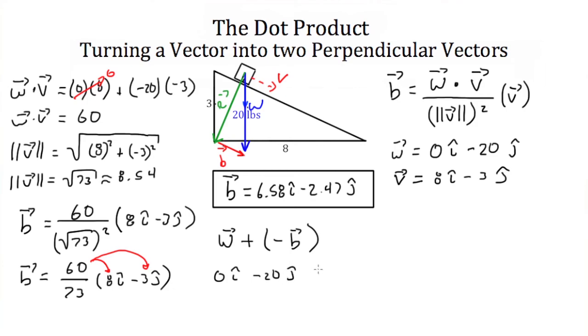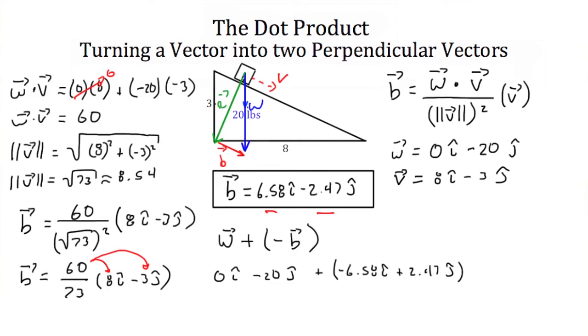If we add the negative of B, which is just the opposite direction of the same angle, we're adding a negative 6.58i plus a positive 2.47j. I just multiplied my x and my y components by negative 1.